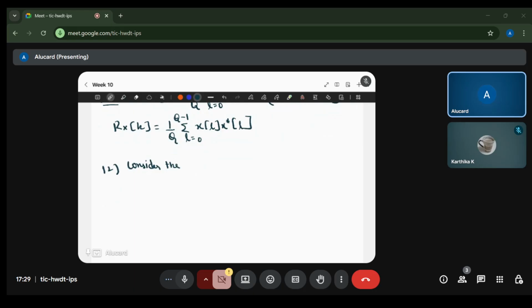Consider M sequences with M equals 4. The next question is more of a conceptual question. Consider M sequences, M equals 4, and assume that all of the 15 different sequences are assigned to 15 other users.